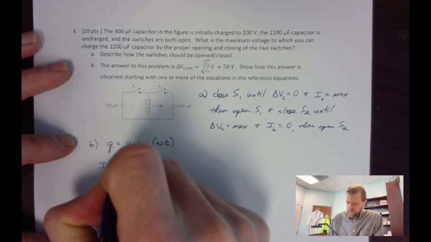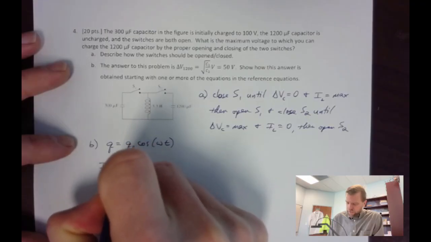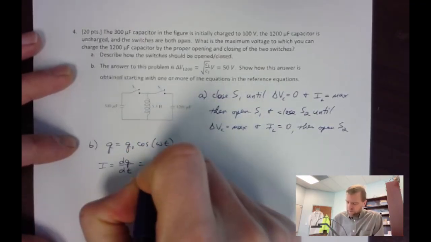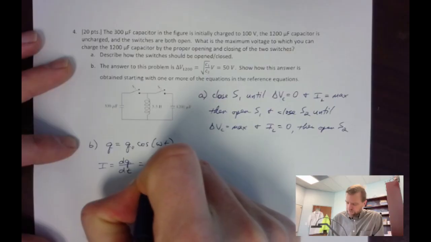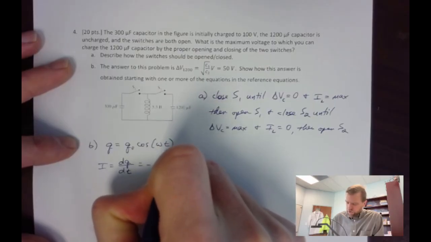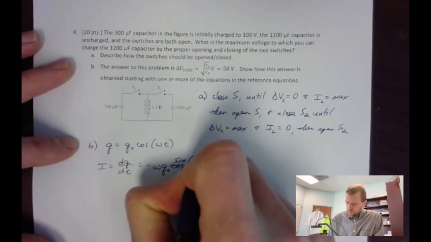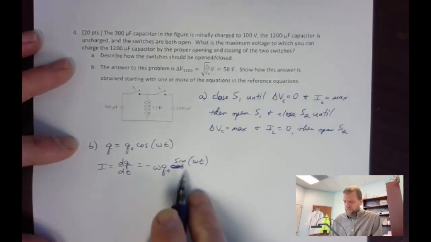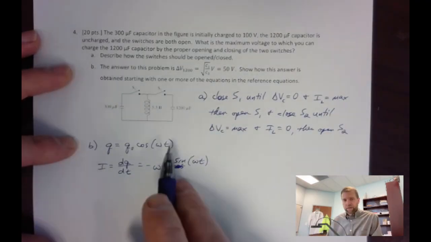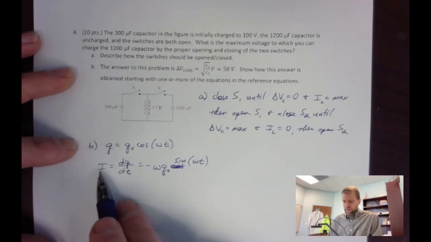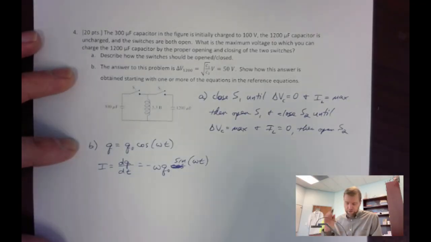So I is dq dt, and this is going to be equal to negative omega q naught sine of omega t. Okay, so notice that these are time varying currents and charges that are in the capacitor.